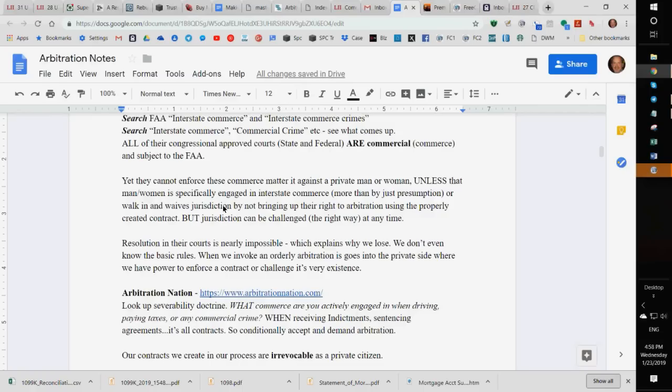So they really can't enforce these commercial matters against a private man or woman unless that person has specifically engaged in interstate commerce, which to some degree we're going to, using a new contract, though. And that contract becomes the supreme law. All right? That's very important to get.